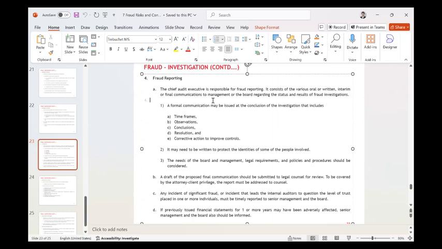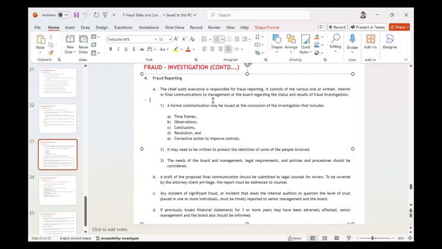Then you have why the fraud occurred, the modus operandi of the fraud, who is involved in the fraud. For each person involved, why you feel that person was involved, what was his role in the fraud. Some may be directly involved, some may be indirectly, and what evidence you have.